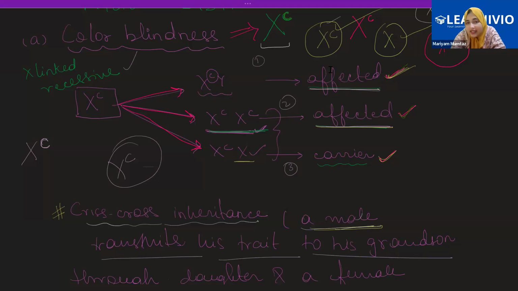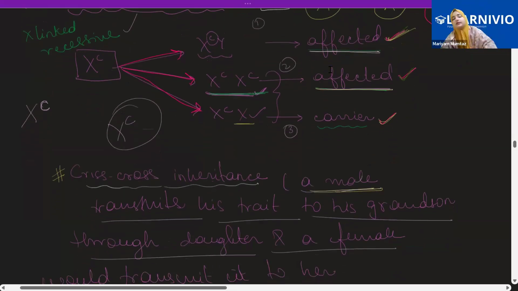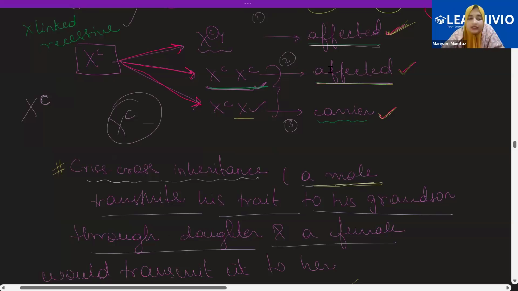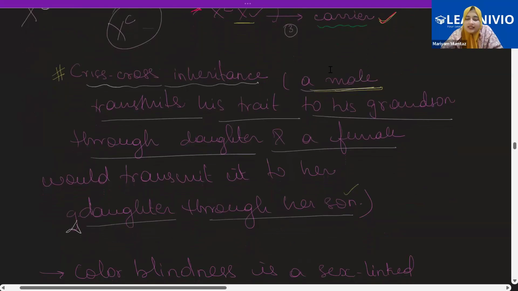This kind of inheritance is what we call crisscross inheritance, and that is what takes place during X-linked disorders. Color blindness is the disease wherein, because of this mutation, the person can't differentiate between red and green color, as a result of which they have problems in actually maneuvering or normally continuing their lives. So that is the case.